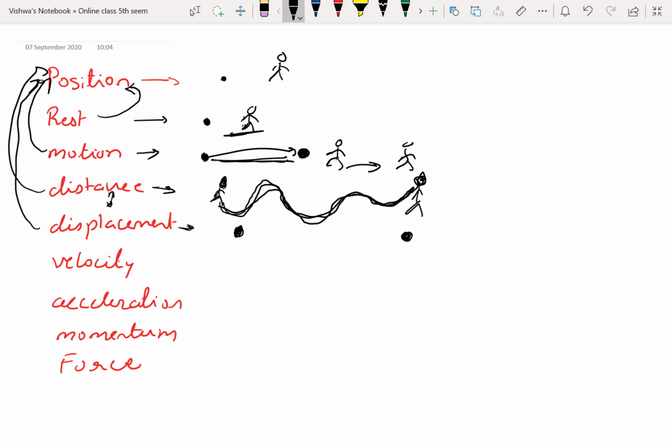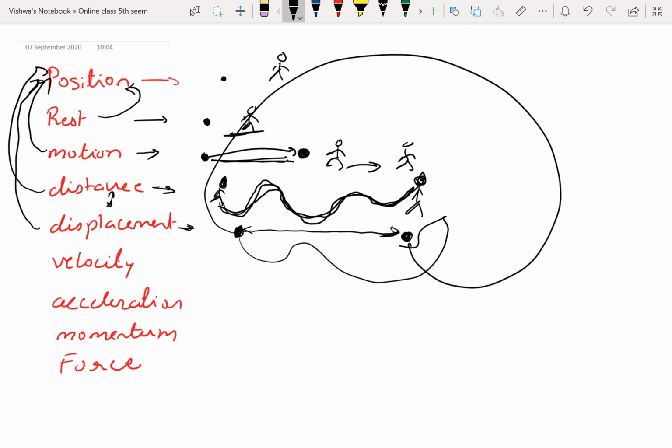Now I am going to define displacement. The shortest distance between these two positions, that we call displacement. Here we won't consider the path it travels, whether it goes like this or like this. We consider only the initial and the final position of the object and the distance between these two positions, that we call displacement.